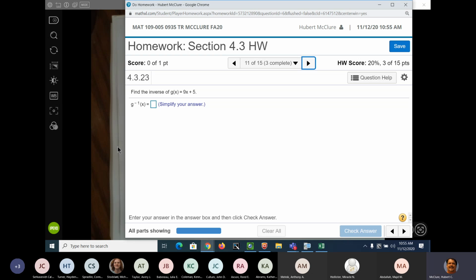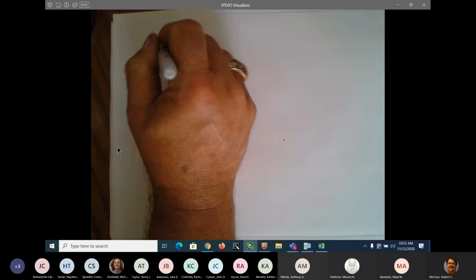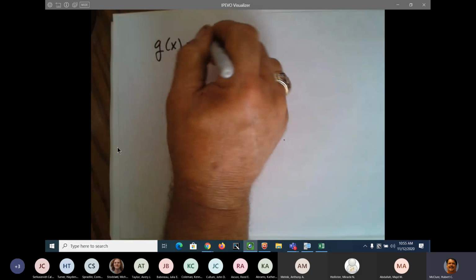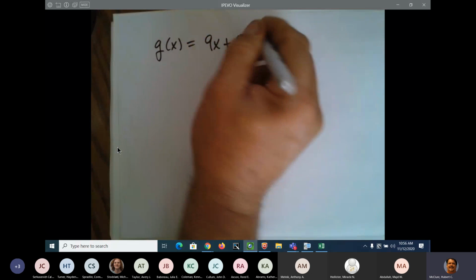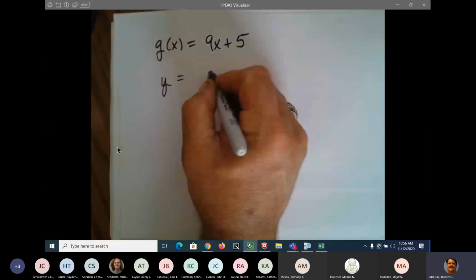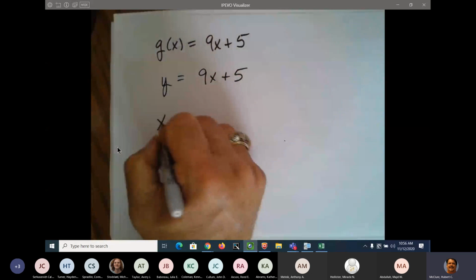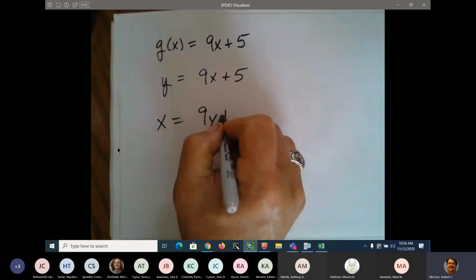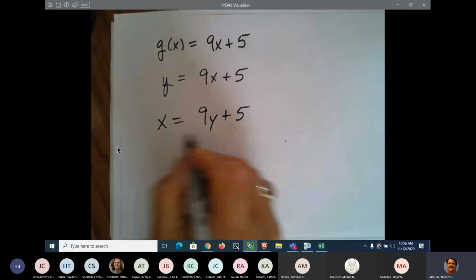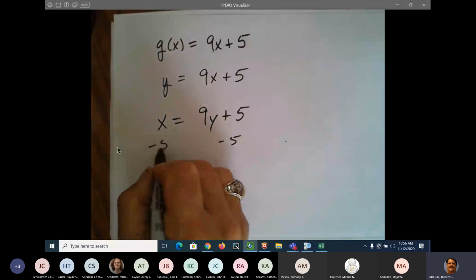g of x equals 9x plus 5. Y is equal to 9x plus 5. X is equal to 9y plus 5. Minus 5, minus 5.